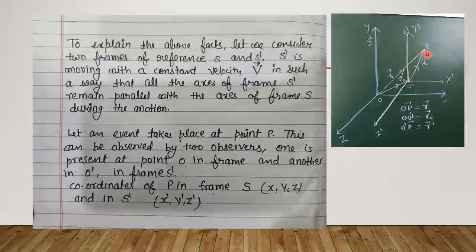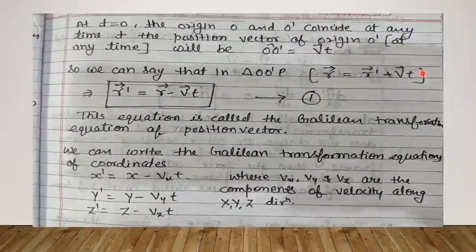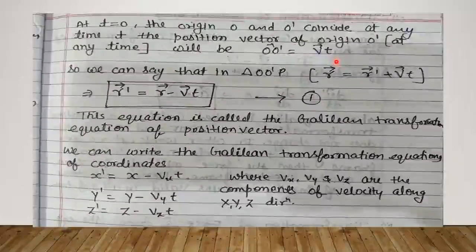Let the coordinates of P in frame S be x, y, z and in S dash be x dash, y dash and z dash. At t equals 0, both origins, meaning observers O and O dash, are at the same point. At any time t, the position vector of origin O dash will be OO dash equals vt.